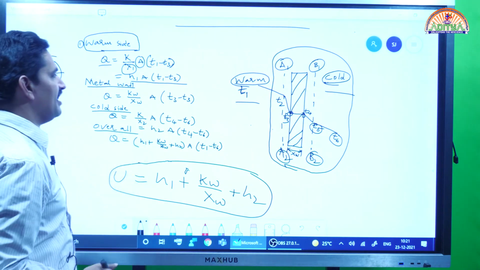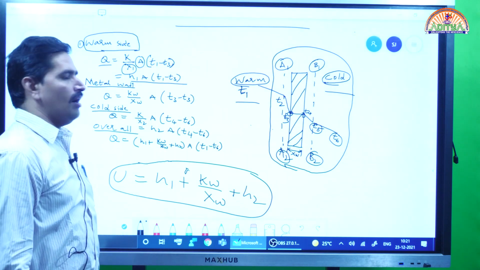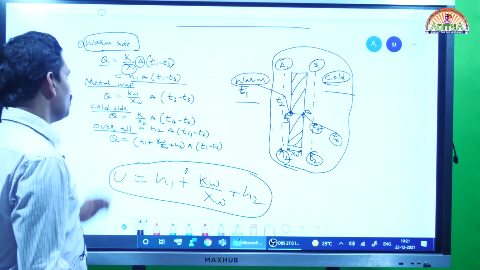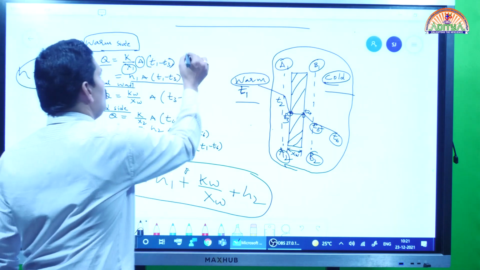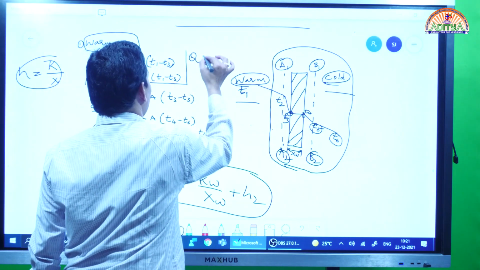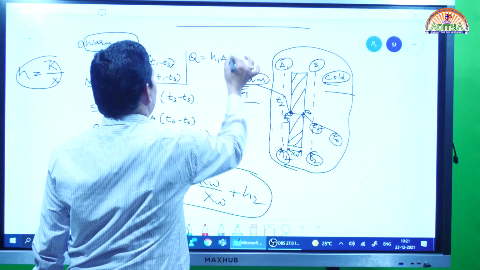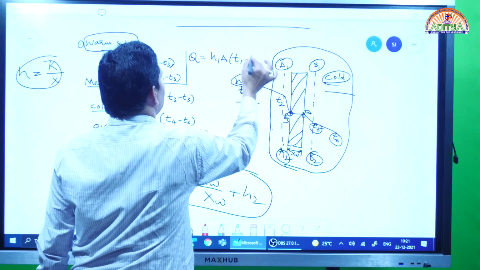That means the temperature gradient from the warm water to the warm water film. In such a way we can write the equation. Let us write the equation once again, where Q is equal to H1 A into T1 minus T3.